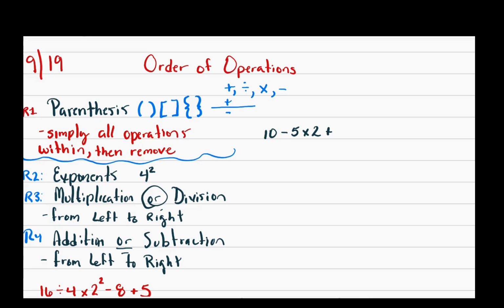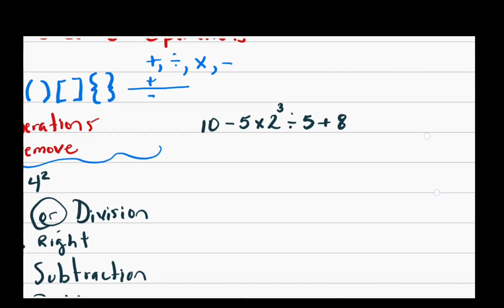Let's not do plus. Let's switch that up. Divide by 5 plus 8. All right. And put an exponent on that 2. All right. Put an exponent on that 2. That looks good.